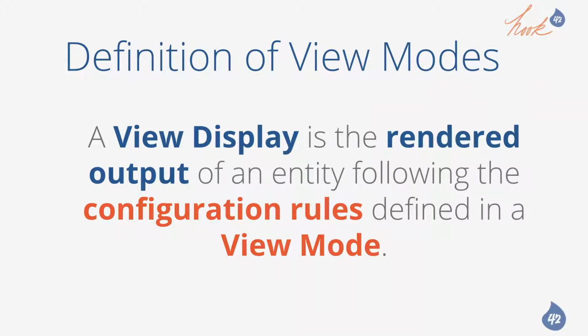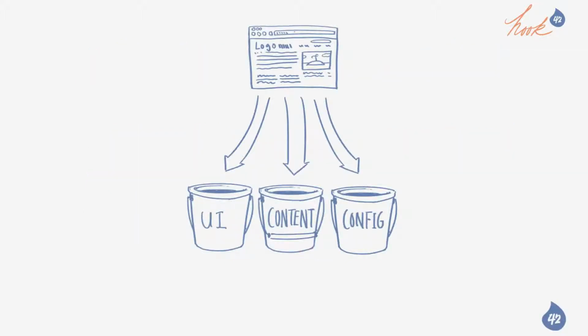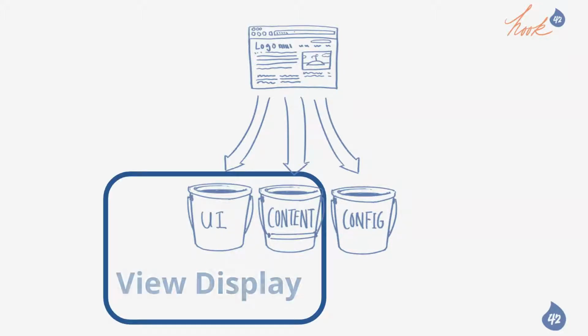A real definition of view modes is a view display that is the rendered output of an entity following the configuration rules defined in a view mode. Well, that's awesome for a definition because it's really clear, but what it means is that you have 3 things that drive your Drupal UI, right? You have this view display, which is your CSS and that type of thing, married with your content.